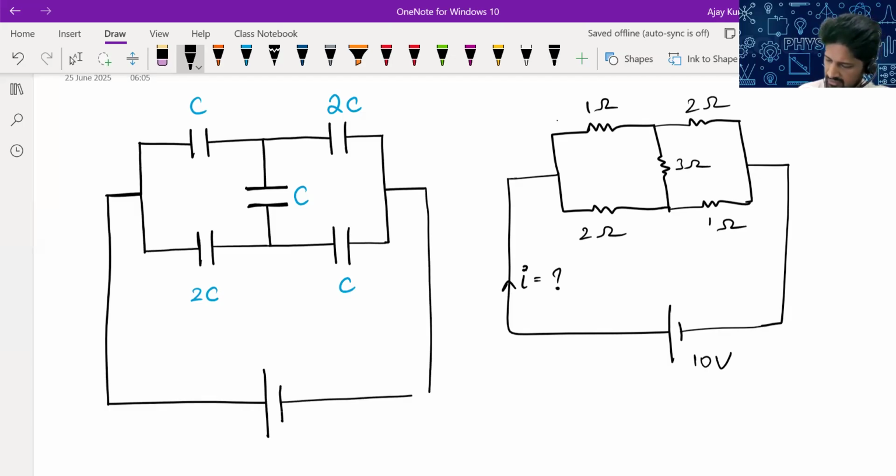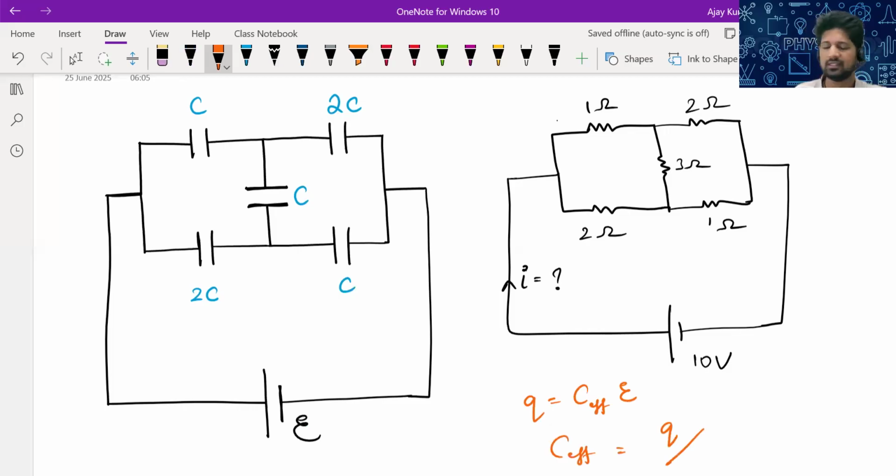For now, let's call it V, or you can call it E also, not an issue. What we have to find out now is how much charge flows through the cell. If you know how much charge flows through the cell when the cell's EMF is E, then you can use Q is equal to C effective multiplied with E, and you get effective capacitance by charge flown divided by the EMF of the cell.